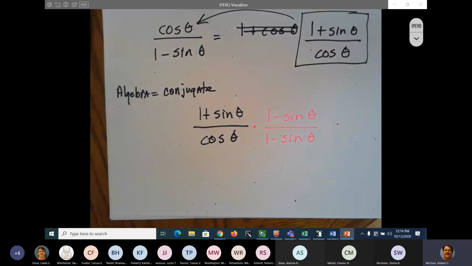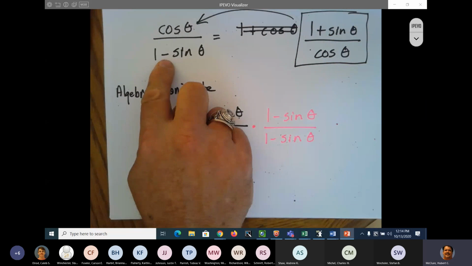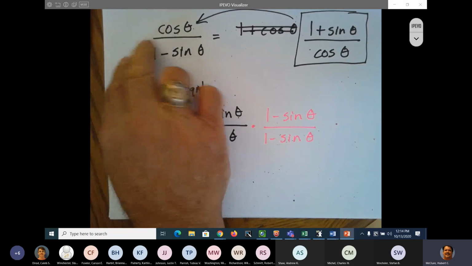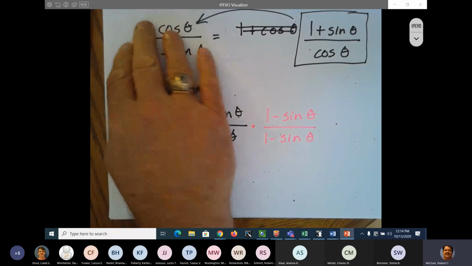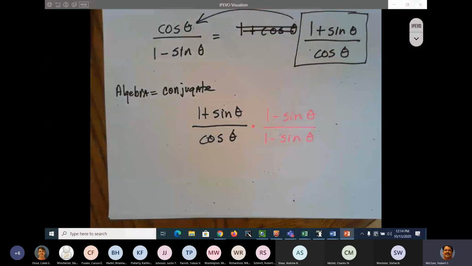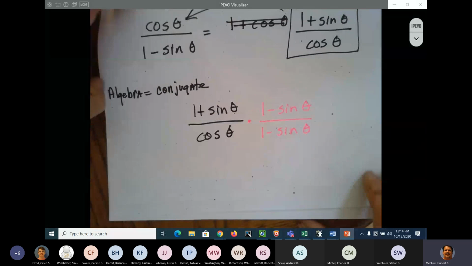Okay, that's using algebra. And what gave it away was this 1 plus the sine. Now you could have done it down here and done 1 plus the sine over 1 plus the sine, and then changed this. But I chose this side just because I chose it. And that's going to give you the difference of two squares, shortcut number 3, still doing algebra.